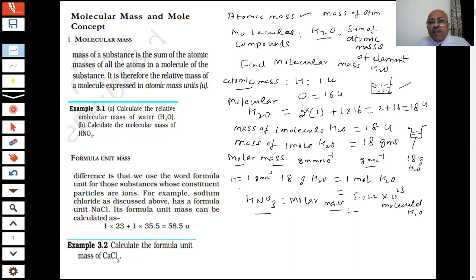Now I'm using gram per mole. Nitrogen, I'm saying, is 14 gram per mole. And oxygen, I'm saying, is 16 gram per mole. Can you tell me what will be the molecular mass of HNO3? HNO3 is my nitric acid, students. So you have 1 minute to answer the question, students.